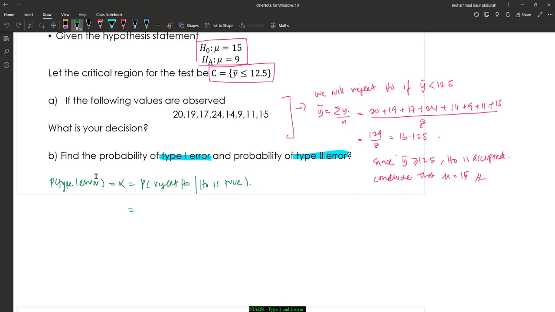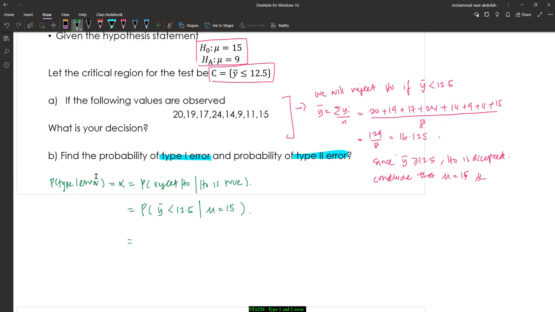So rejecting the null hypothesis when y bar is less than 12.5. The null hypothesis is true when mu is equal to 15.